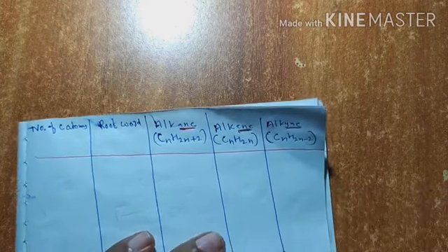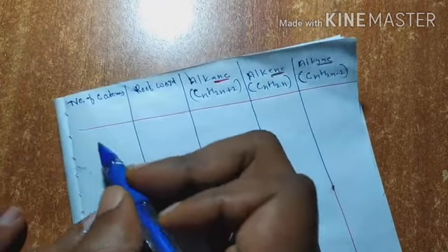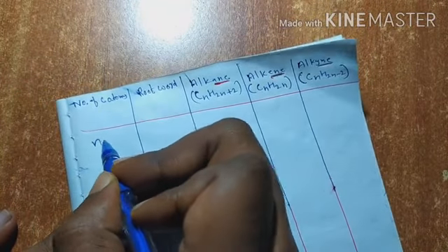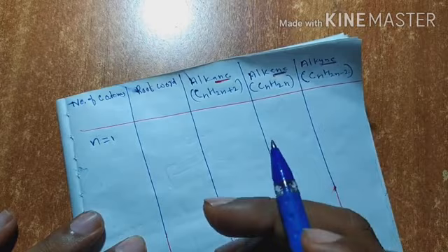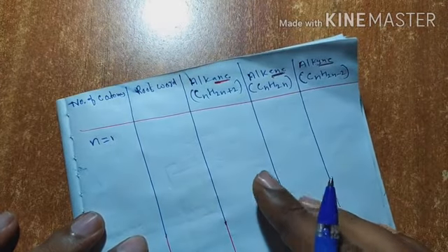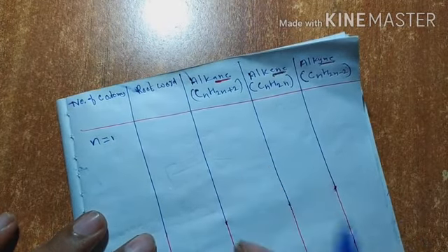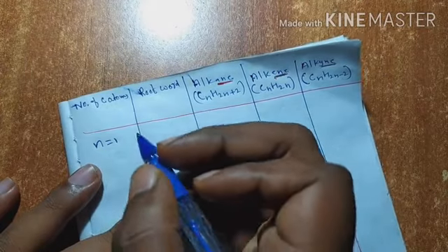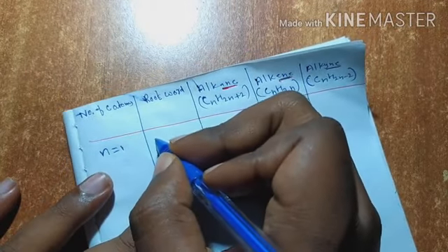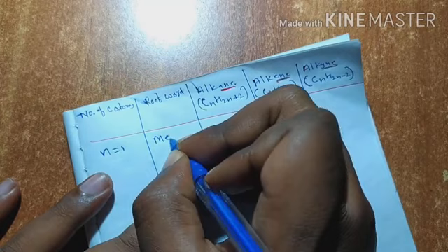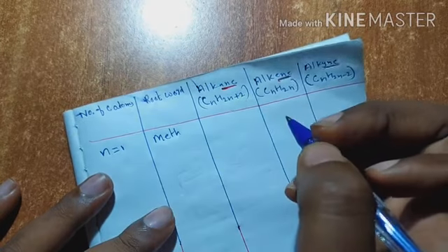So if the number of carbon is 1, if n is equal to 1, this table is very, very important for you. In that case, the root word will be meth. Understood?